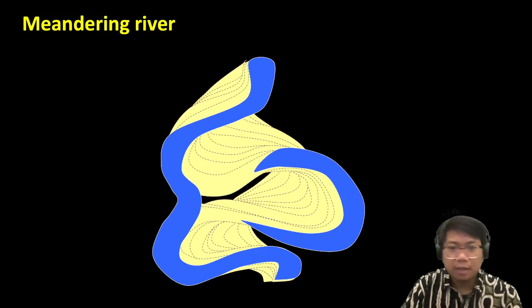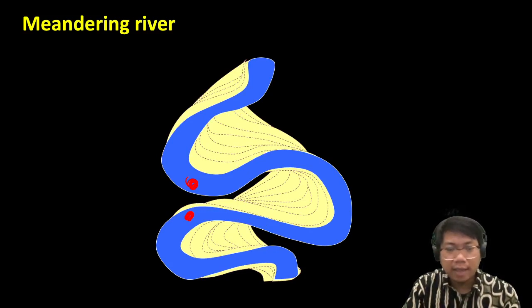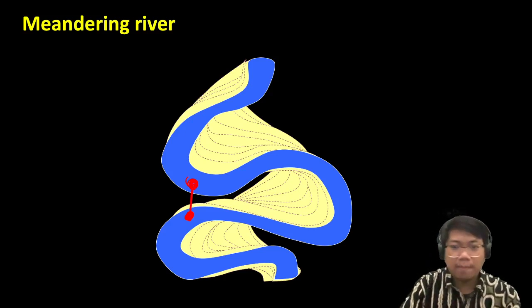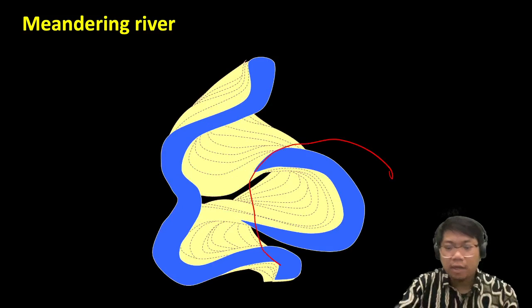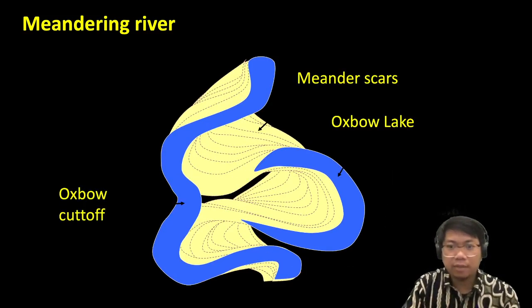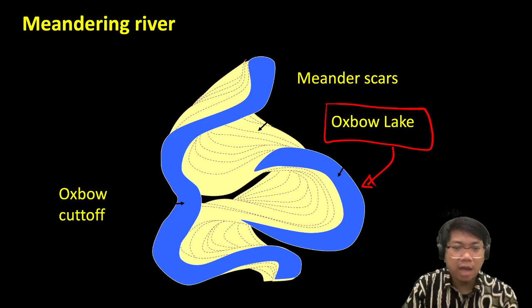So this side of the river gets too close to that side of the river, and eventually it can just flow straight without going through its original path, abandoning this side of the river, which creates something that we call an oxbow lake right here. So here is a good example of how an oxbow lake forms, and we have an oxbow cutoff right here.